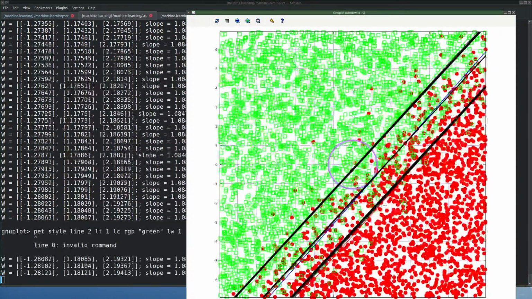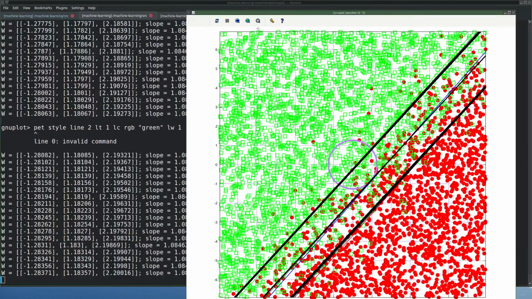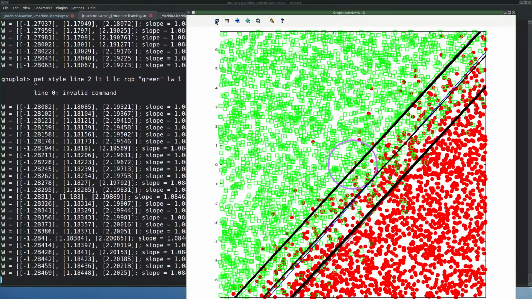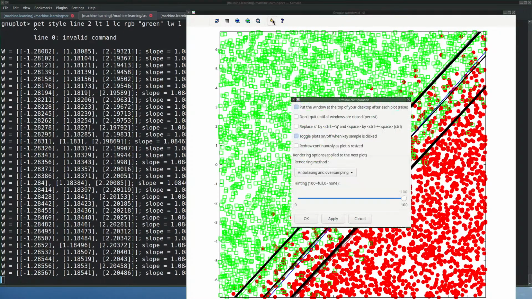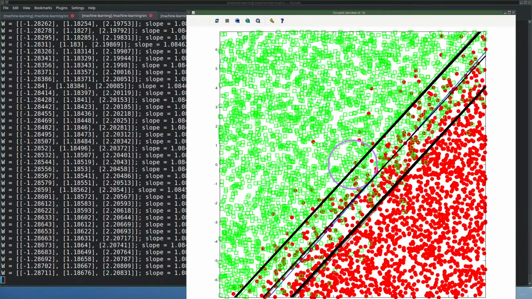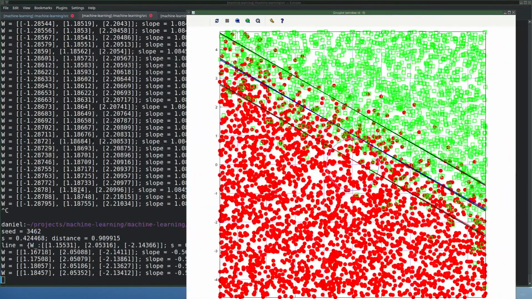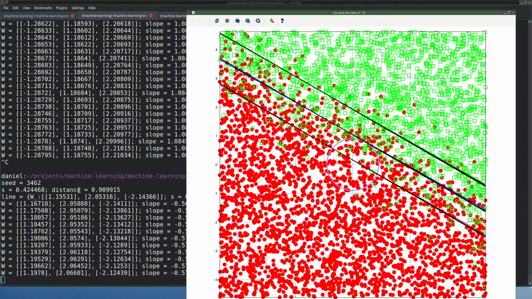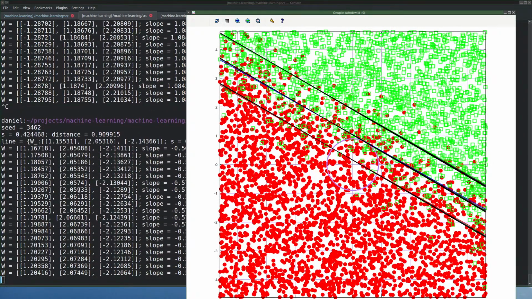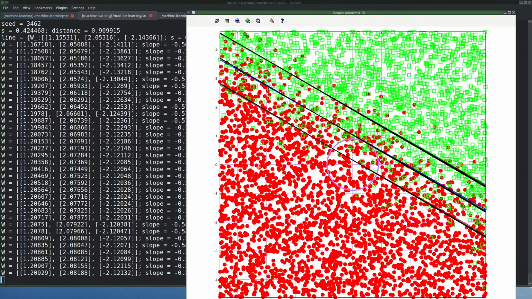Can you zoom in? Would be kind of nice if you could zoom in. I don't think you can. Holy god, oh well, no, okay. I thought it was exactly the same, but it changed a little bit.